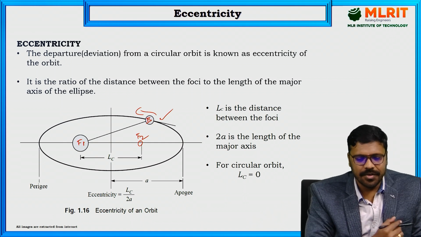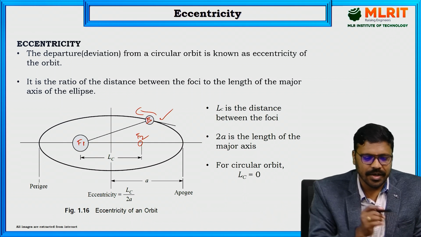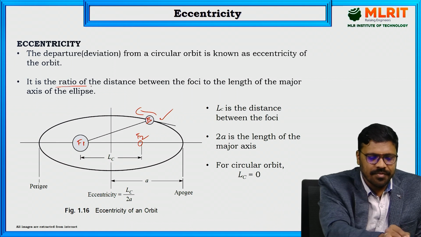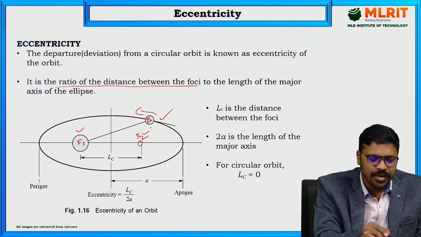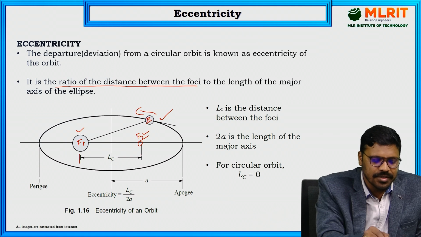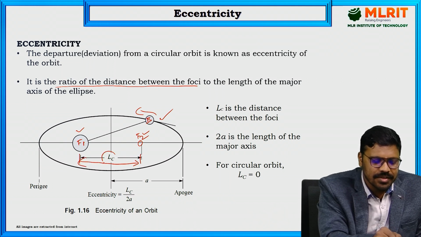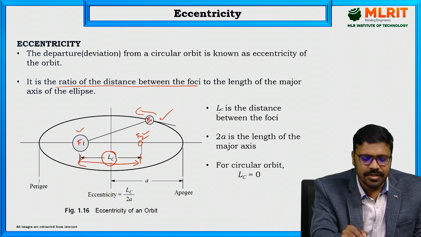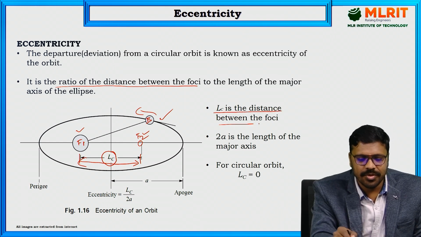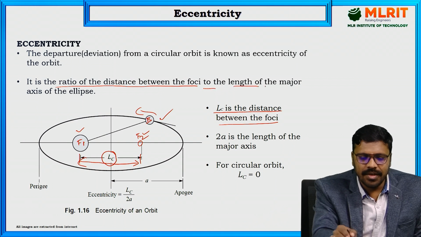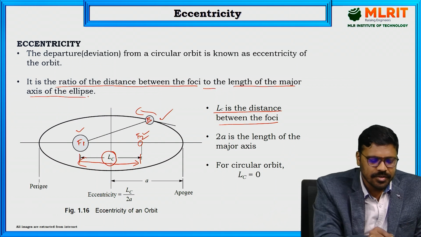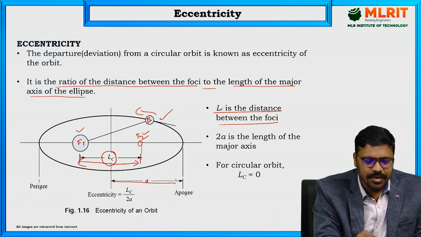So, according to the definition, how do we calculate? It is the ratio of the distance between the foci. This is focus 1 and this is focus 2, and the distance between the foci is this one. We are considering this distance between the foci as LC. So, LC is the distance between the foci. And next, to the length of the major axis of the ellipse. If you take the major axis, this is the major axis.